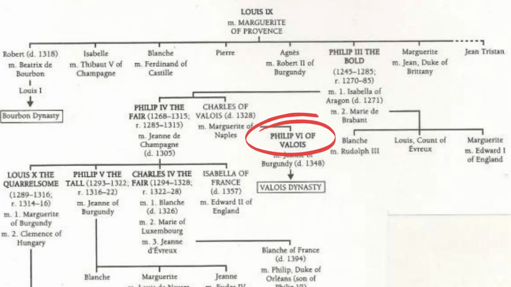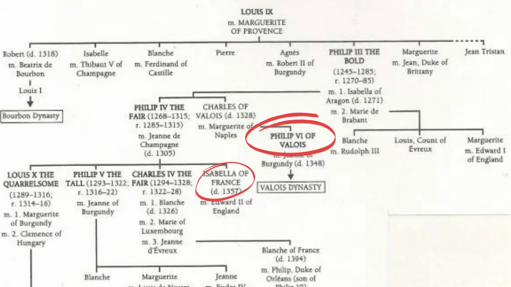For example, when King Charles IV of France died without a male heir, the senior line of House Capet, descended from Philip IV, became extinct. He was succeeded in Navarre by his niece, Joan II, and in France by his paternal first cousin, Philip of Valois.